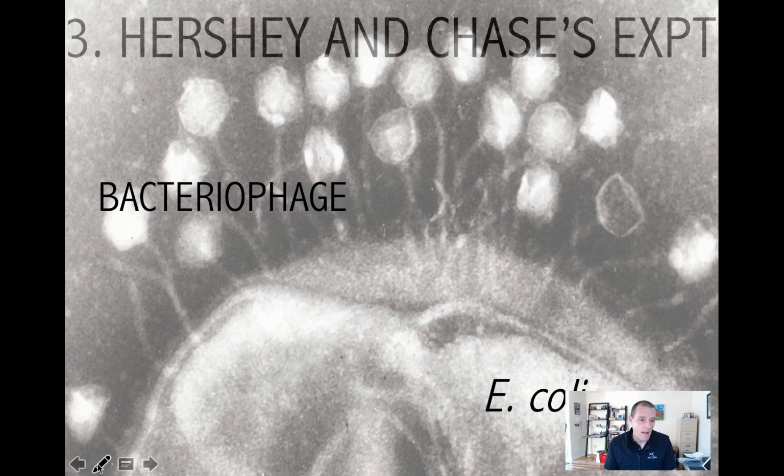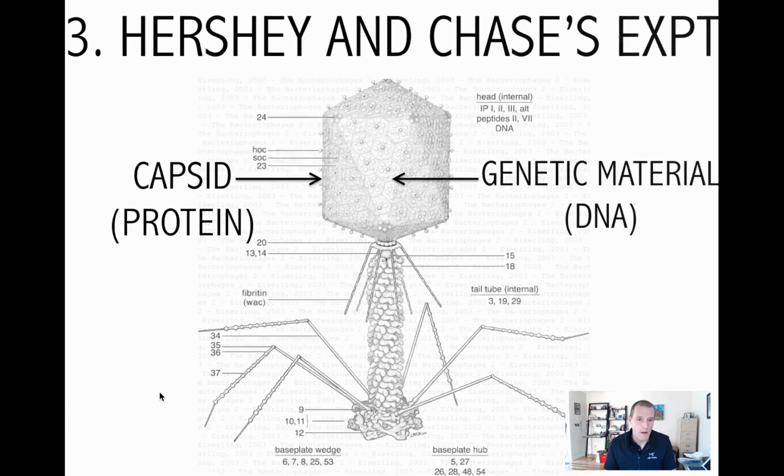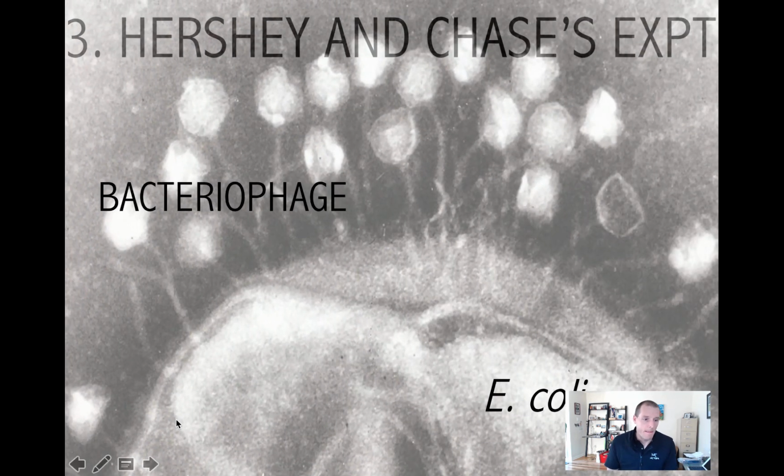So here is our E. coli, and here's the end of the E. coli, disappearing down at the bottom of the screen there. And up here are some bacteriophage, and they have these tails, and then these head structures.